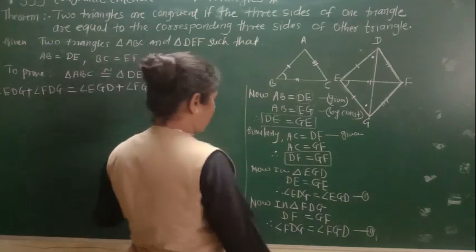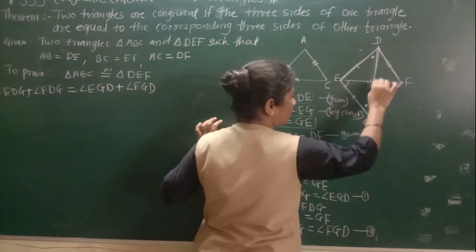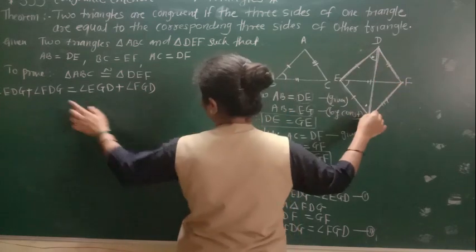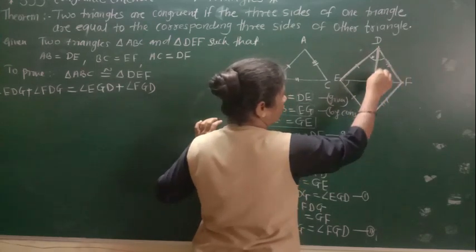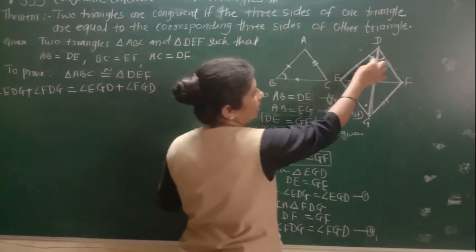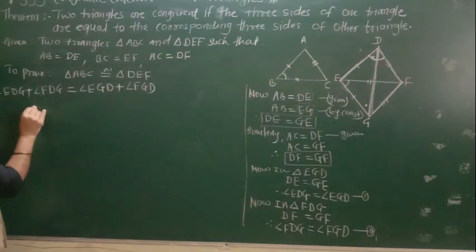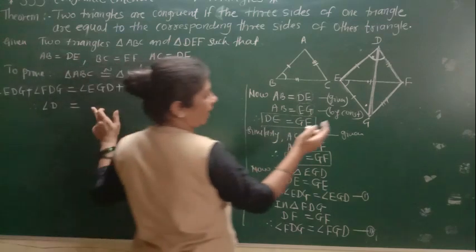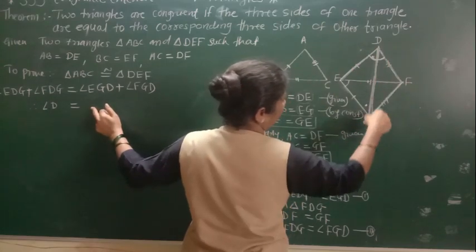Now see here, angle EDG, means this angle, plus angle FDG, this angle. So can we say this whole angle now? Yes, of course, because this angle plus this angle equals angle D. So here we can write angle D is equal to angle EGD plus angle FGD.